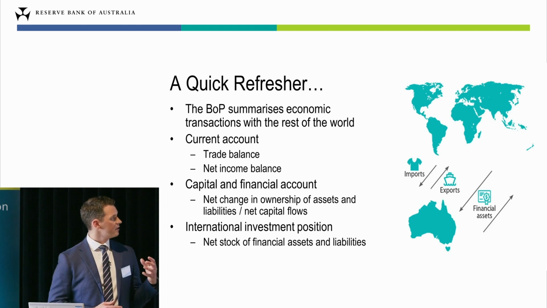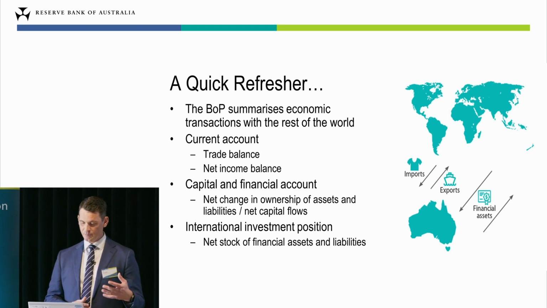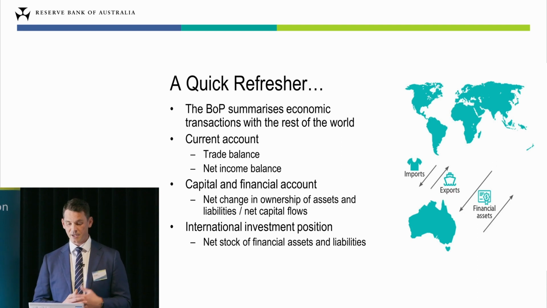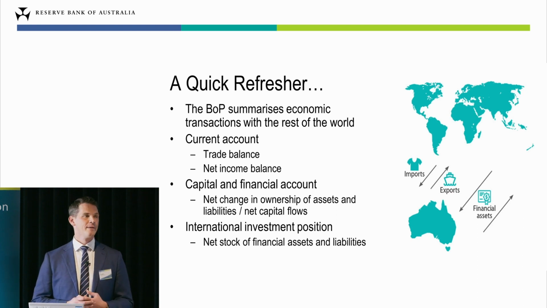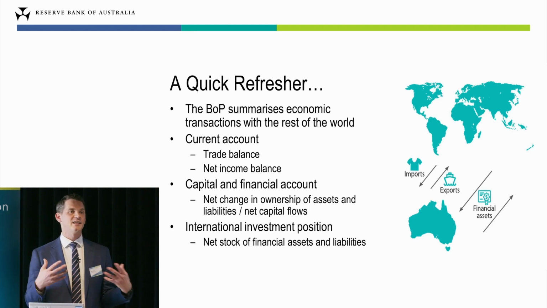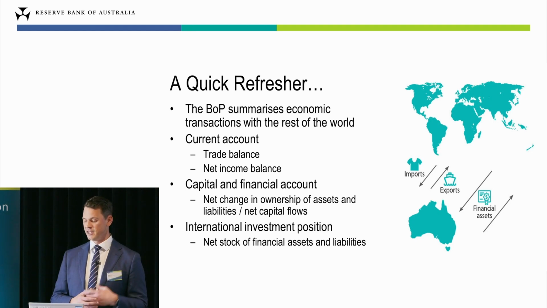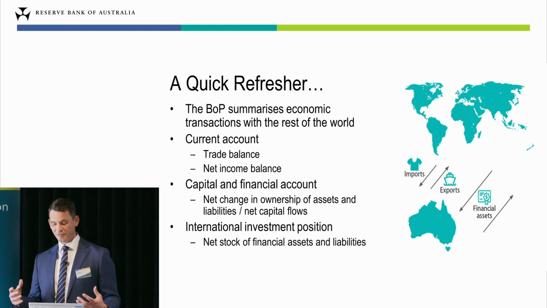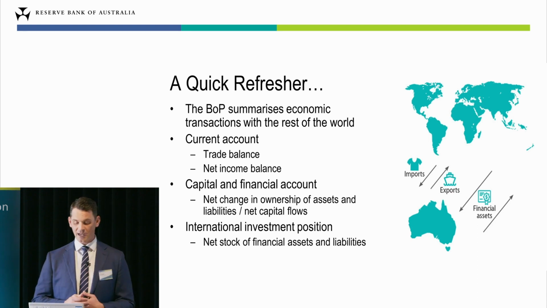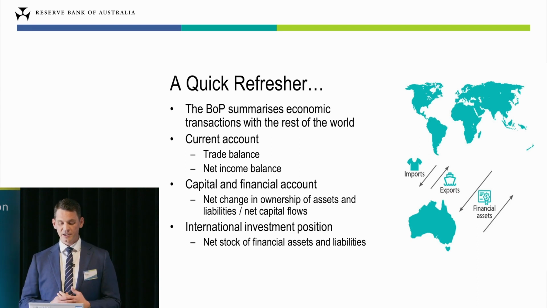And so if we look at the capital and financial account, and mainly the financial account here because that's the bigger of the two accounts, much larger, it captures changes in the ownership of financial assets and liabilities. And so it's typically broken down by different investment types: direct investment and portfolio investment. So again, a couple of examples. If an international business buys a stake in an Australian company, this would be included here.